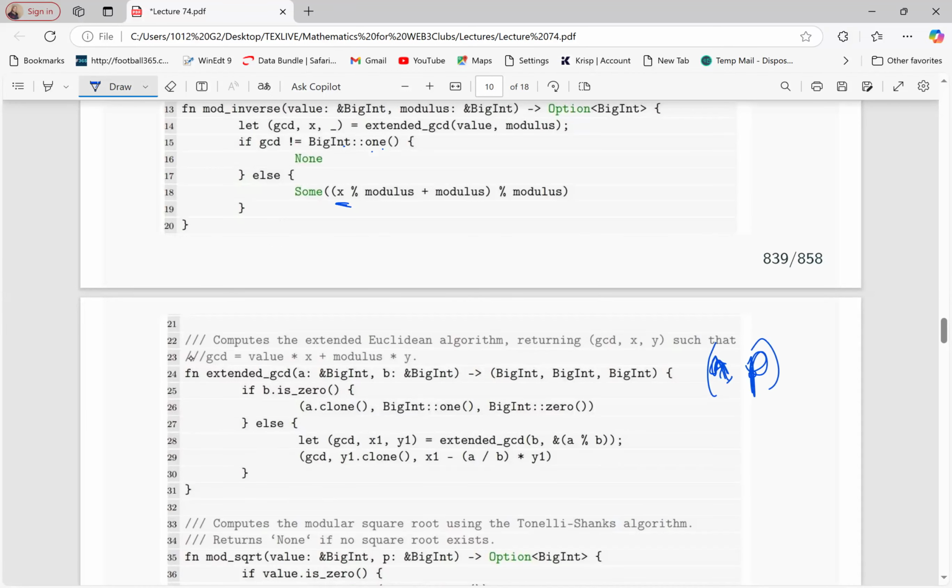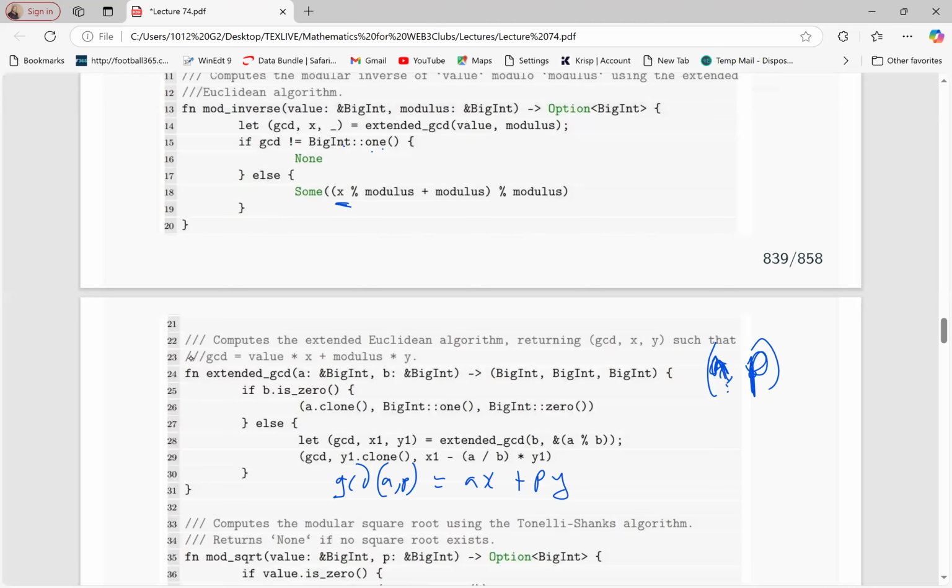It uses the extended Euclidean algorithm to write the GCD of A and P in the form AX plus PY, where this X will then be the inverse of A. That is what it does.